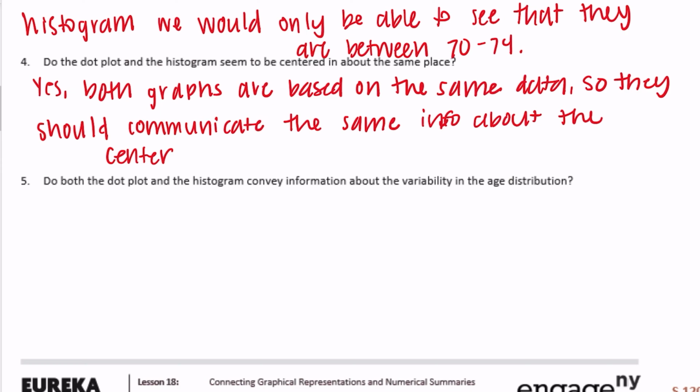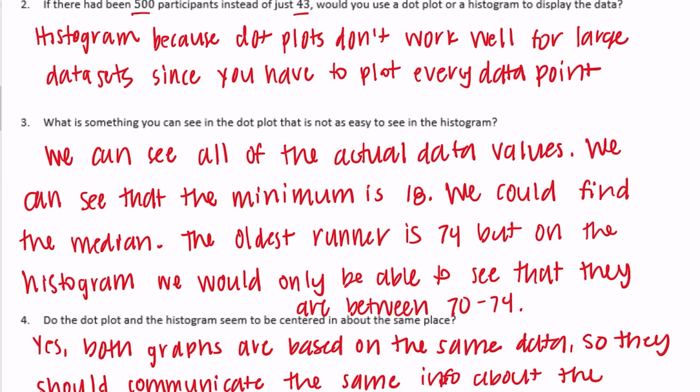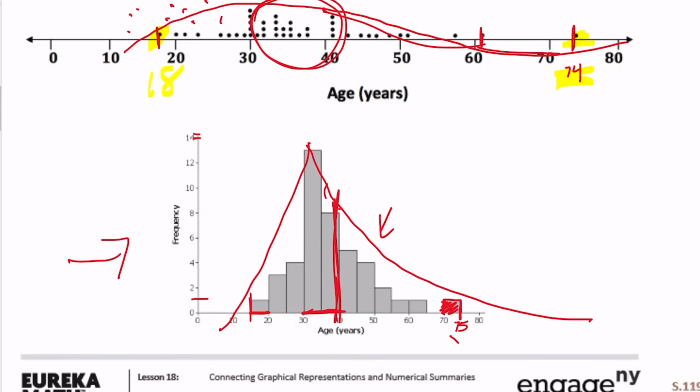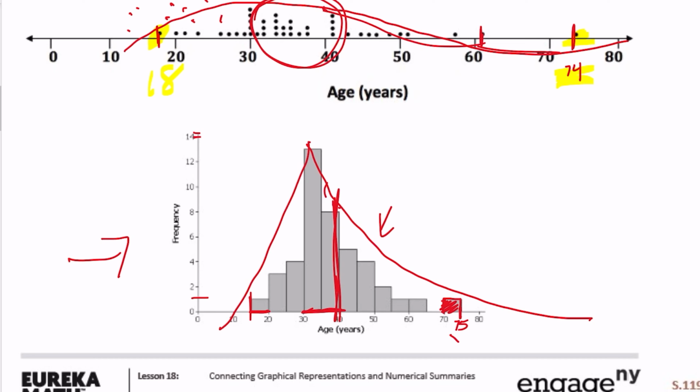However, like what we said here in number 3, where we can tell the exact minimum and the exact maximum on the dot plot. Here, minimum. Here's the maximum. So we know 18 and 74. But here we just know it's between certain ages.